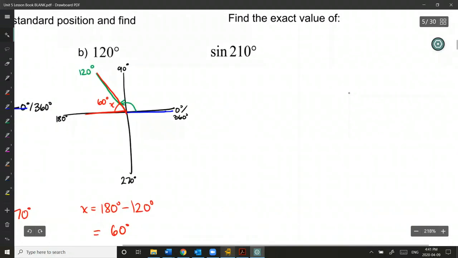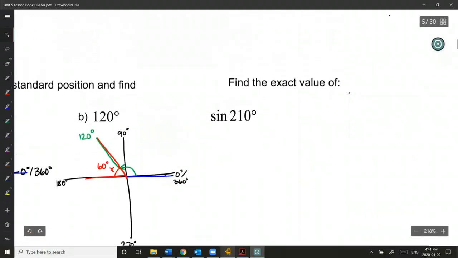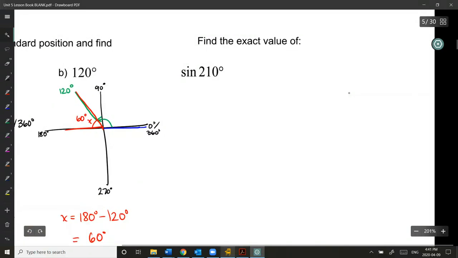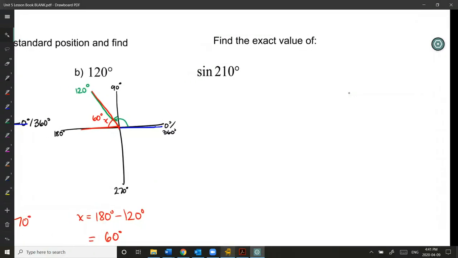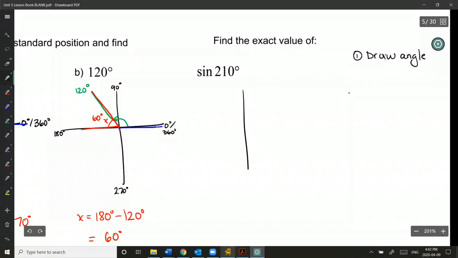All right, so here's how we're going to put all of this together. I'm going to give you some steps, and we're going to follow these steps to find the exact value of angles over 90 degrees. The first thing that you're going to do is draw your angle in standard position.